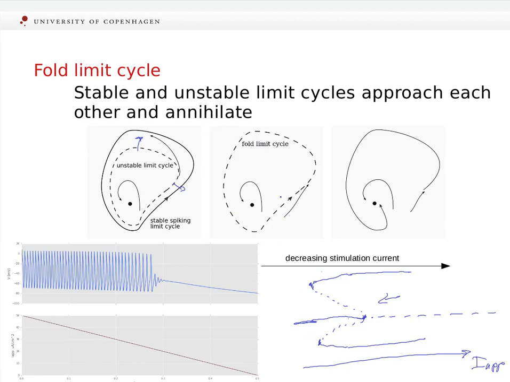And hence the name, the fold limit cycle, because it's kind of analogous to the fold bifurcation when a stable and unstable attractors or equilibrium points merge together.